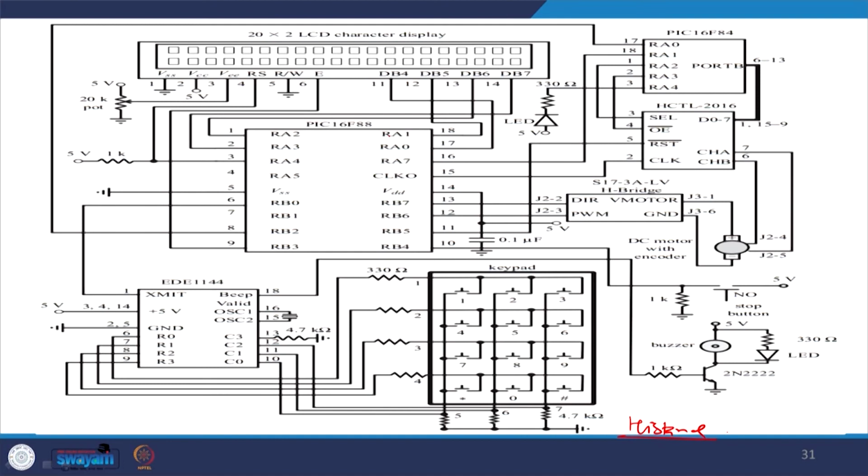This is your master PIC, you have the slave PIC over here, the display unit over here, here is the keypad, and here is the motor. Other peripheral connections can be made, and for its programming please refer to Histand and Lcr Tor, for the programming part of it.